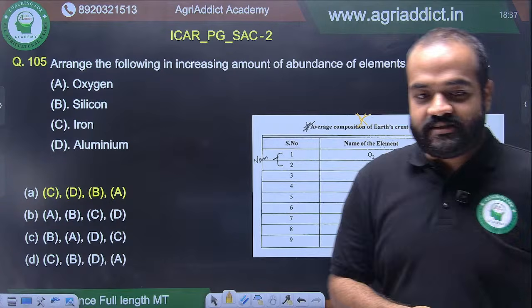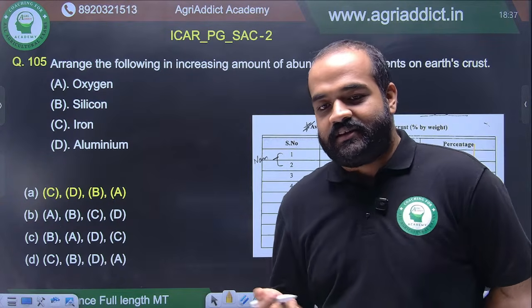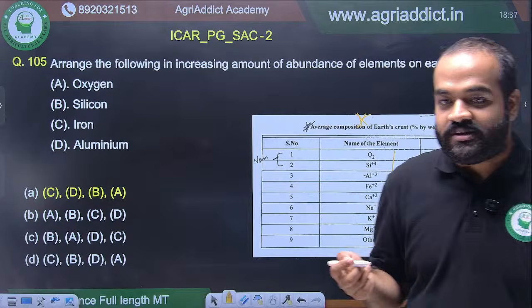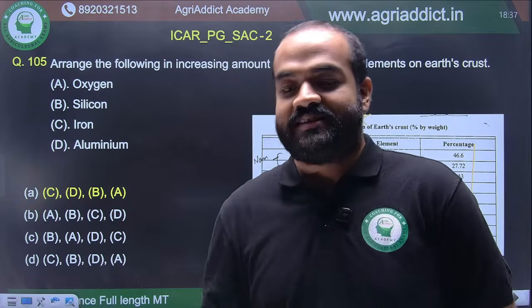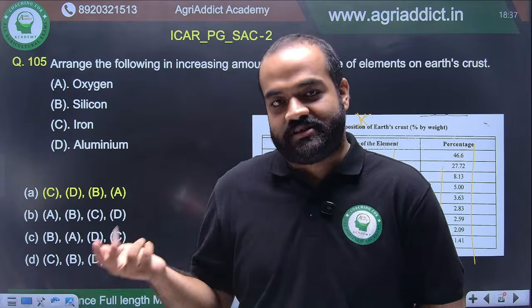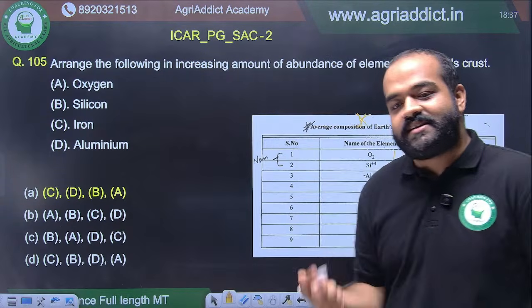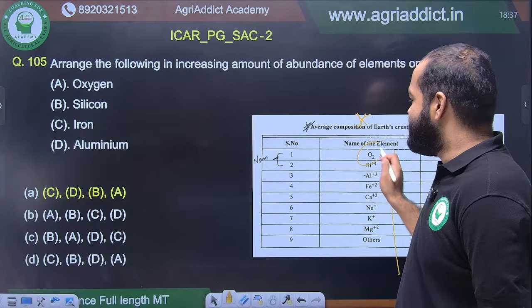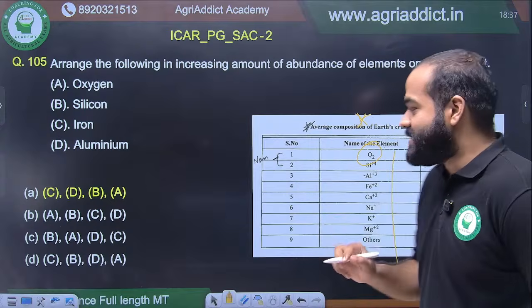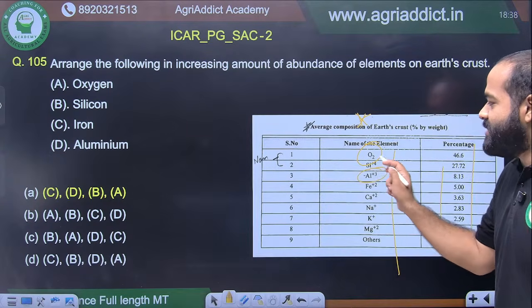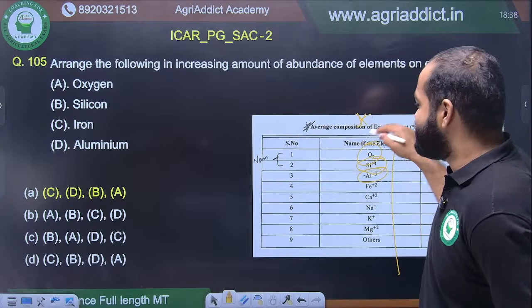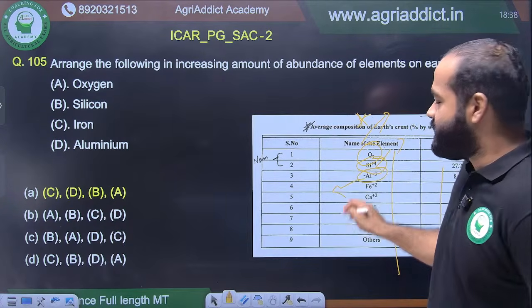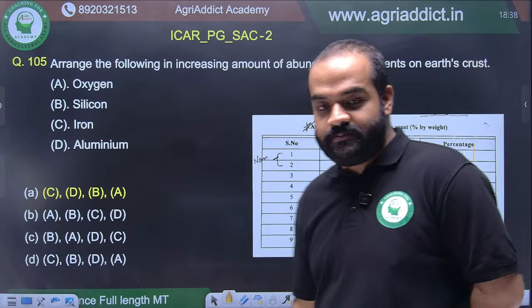The last day I was telling the type of question that comes. Sometimes they might ask most abundant metal, sometimes most abundant metalloid, sometimes most abundant element. If only most abundant comes, it is oxygen. If most abundant metal comes, it is aluminium. If most abundant metalloid comes, it is Si4+. Oxygen is gas, silicon is metalloid, Al3+ is metal. This should be remembered.